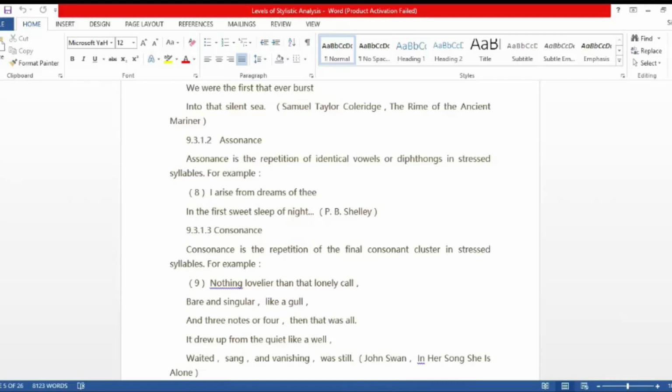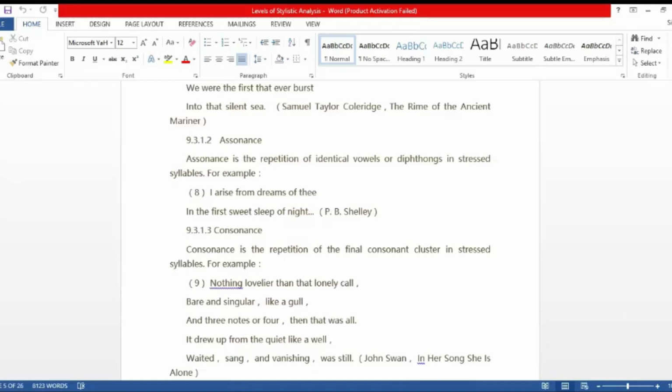अगर आप देखें, I arise from dreams of thee, in the first sweet sleep of night. अब ये long vowel sound है, dreams of thee. Identical, double E sound, vowel sound जो है, and double E, and then double E again, and double E again.